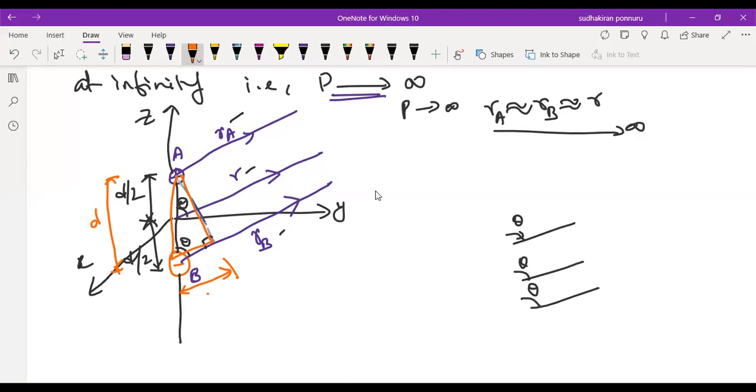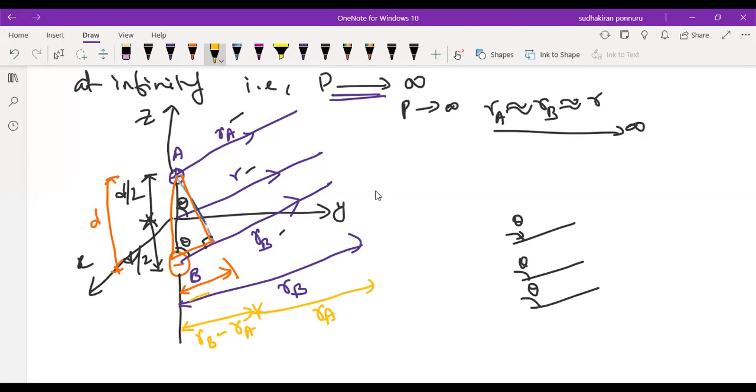From here to here, it is RB, and from here to here, it is RA. And now I want this value, that is nothing but RB minus RA.